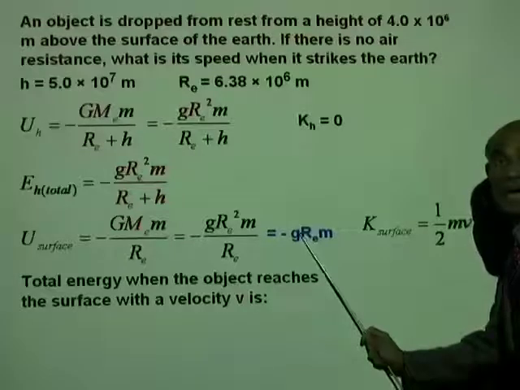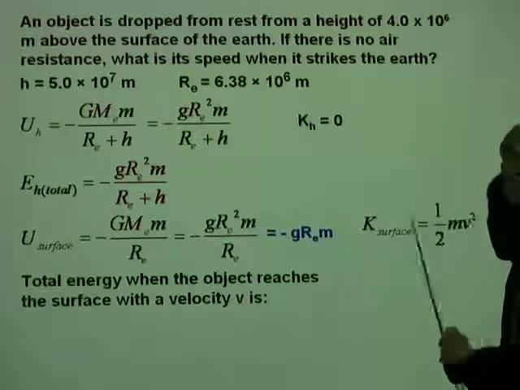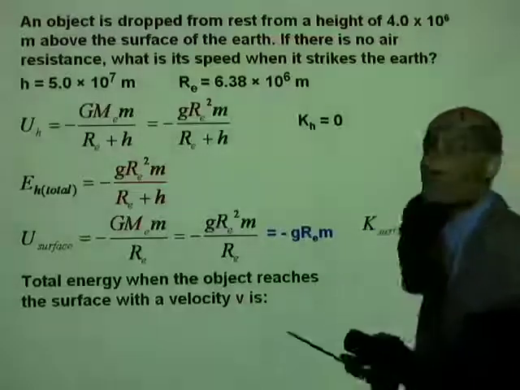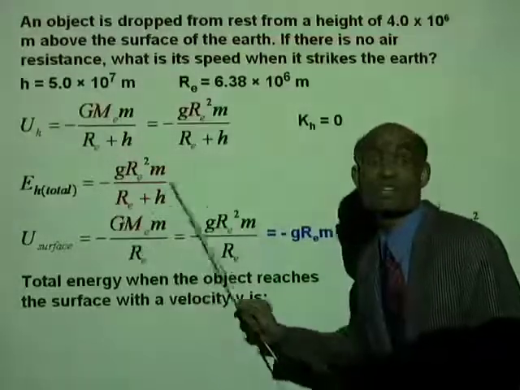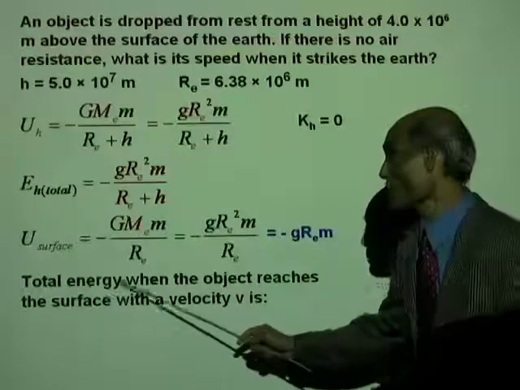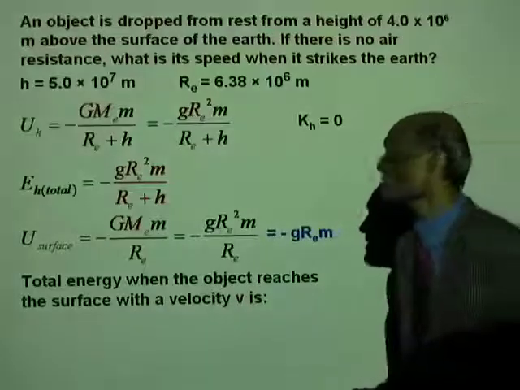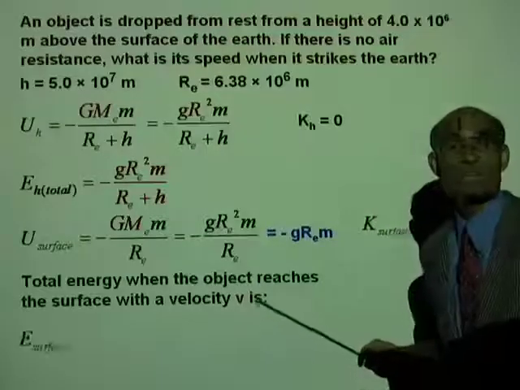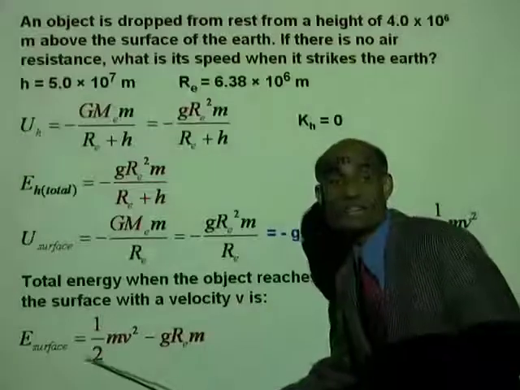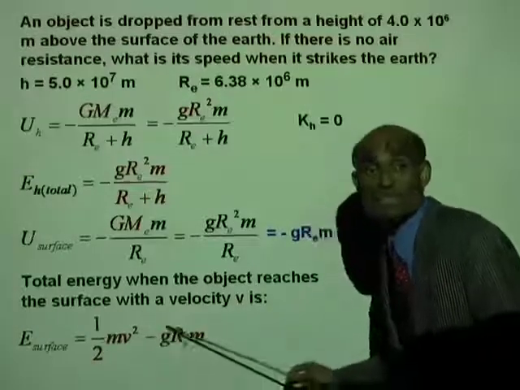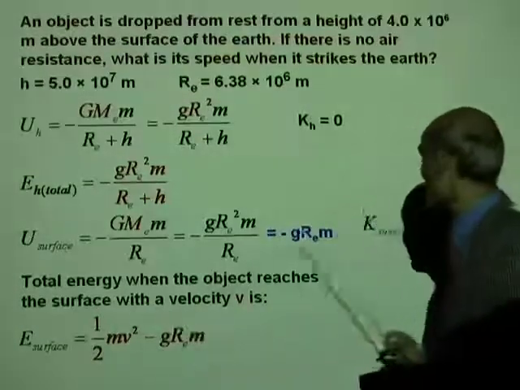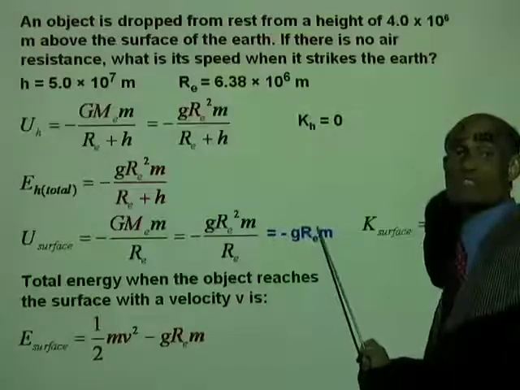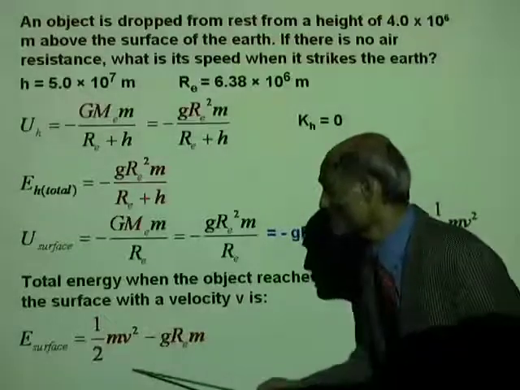So, if you now add the potential energy to kinetic energy on the surface of the earth, that must be equal to the total energy at the height h. The total energy when the object reached the surface of the earth with a speed v is its kinetic energy plus its potential energy: 1/2 mv squared plus negative g REM.